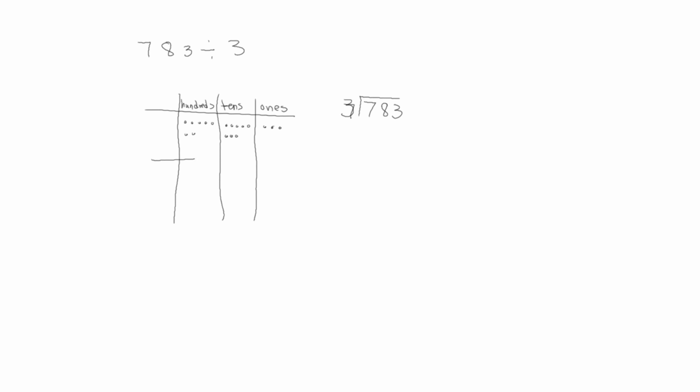So we're starting with the hundreds. We'll make our 3 groups. So with 7 hundreds and 3 groups, I can put 2 in each group because I know 2 times 3 is 6, so I have enough to do that.